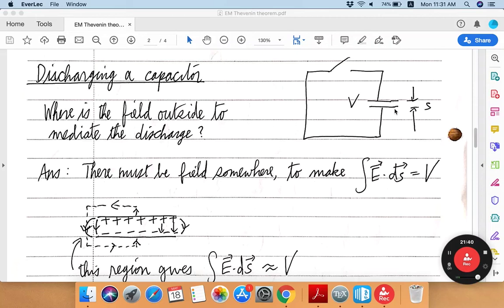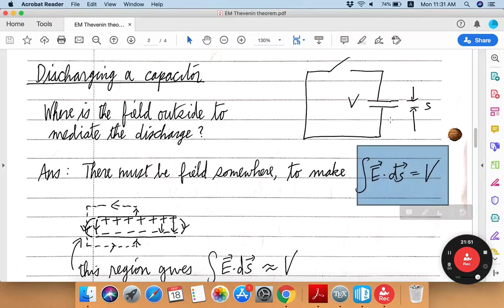And the first step in such a battle against this false paradox is the obvious realization that the electric field, at least the static electric field, is a conservative field, and therefore the voltage difference between this plate and the other plate, due to the charges that piled up here and here, must be achieved by making a line integral from one plate, following some path which extends outside of the plate, and arriving at the other plate.